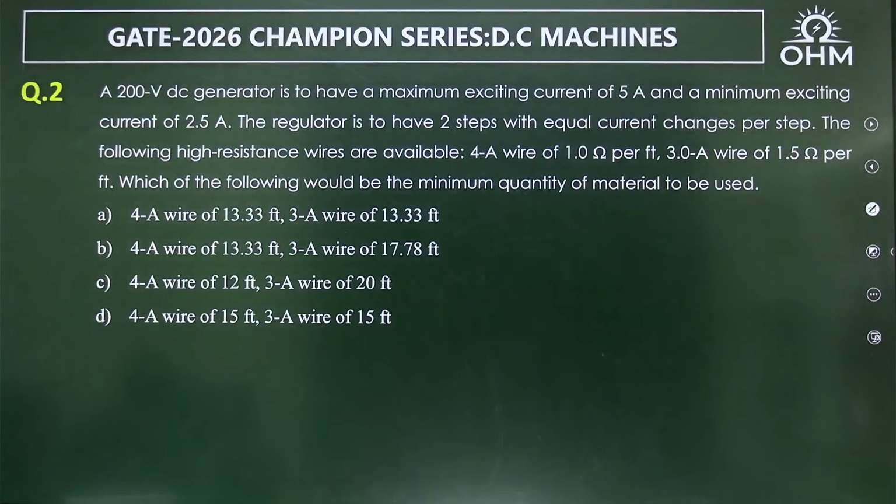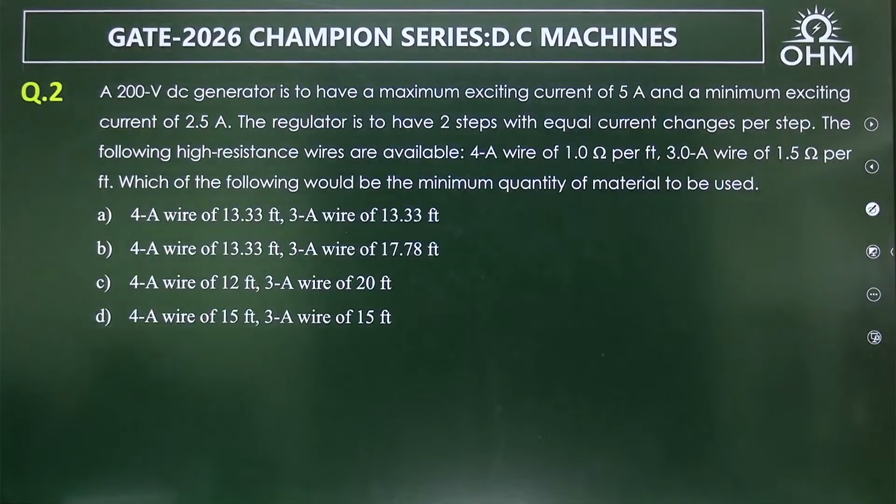The regulator is to have two steps with equal current changes per step. The following high resistance wires are available: 4 ampere wire of 1 ohm per feet, 3 ampere wire of 1.5 ohm per feet. Which of the following would be the minimum quantity of material to be used?